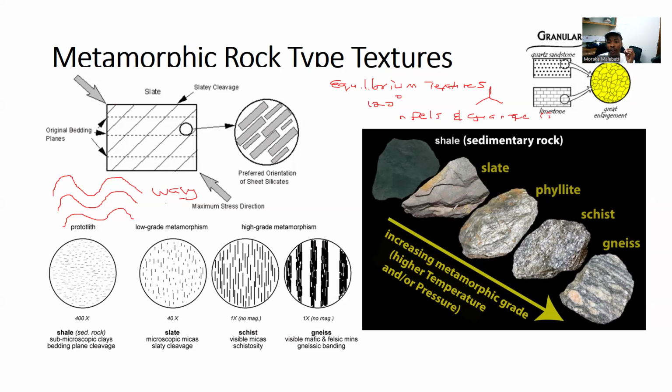So we are going to have what you call a phyllitic texture, wherein the phyllite is characterized by a sheen, because of the fine-grained structure and the alignment of mineral grains such as micas.